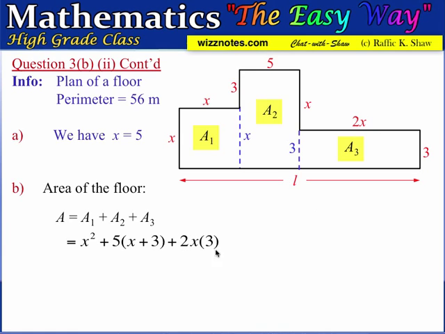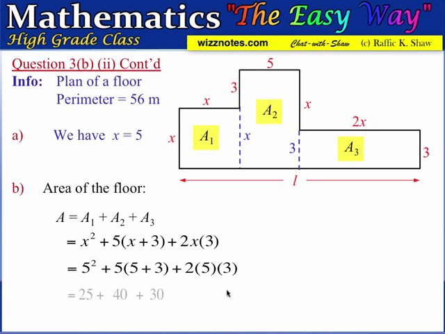And since we know that x is equal to 5, we can substitute 5 for x in this equation here. So x squared becomes 5 squared, 5 multiplied by x plus 3 becomes 5 multiplied by 5 plus 3, and 2 times x times 3 becomes 2 times 5 times 3.